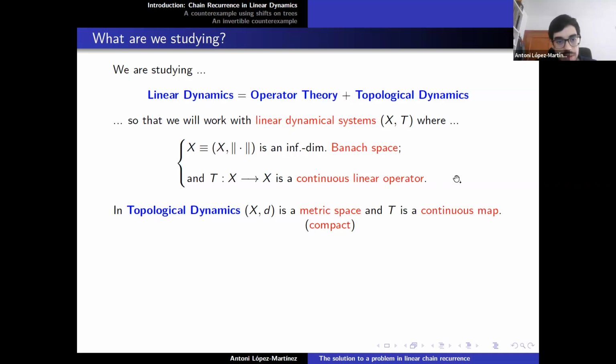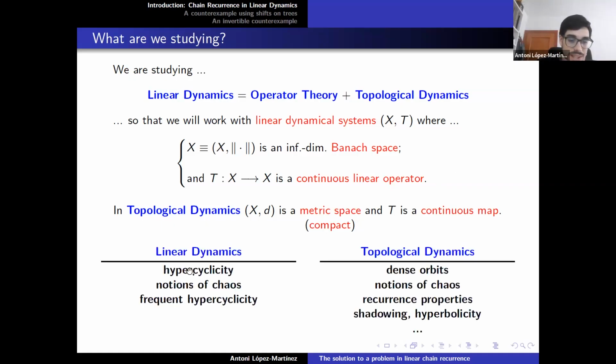Which kind of properties are studied here? Well, in linear dynamics, we have properties such as hypercyclicity. This property comes from the study of dense orbits in topological dynamics. We also have different notions of chaos that also come from topological dynamics.